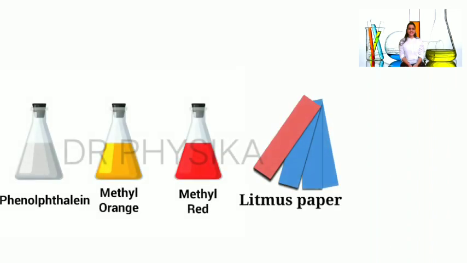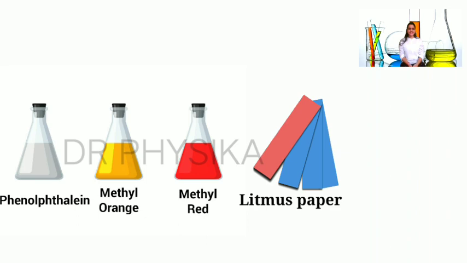Using litmus paper, phenolphthalein, methyl orange, etc., only the acidic or basic character of a solution can be determined. But use of these indicators does not give an idea about the strength of acid or base. So, to get the strength as well as the acidic or basic nature of a given solution, universal indicator is used.